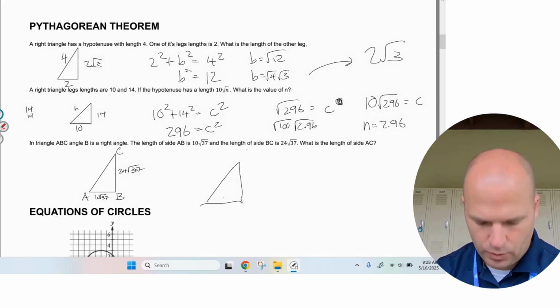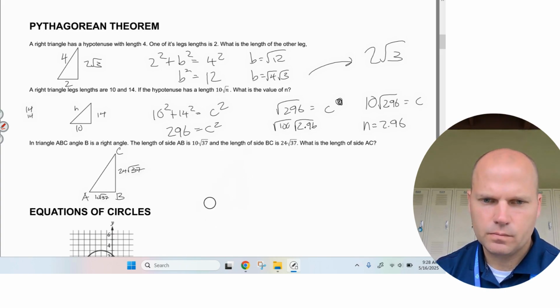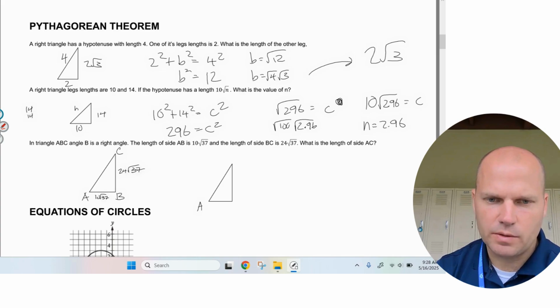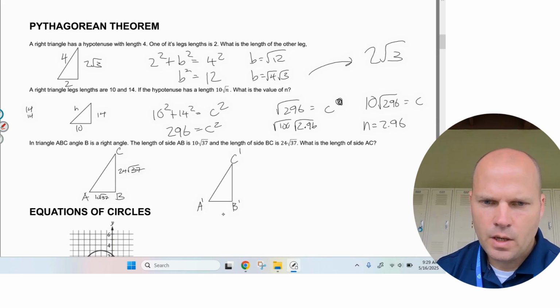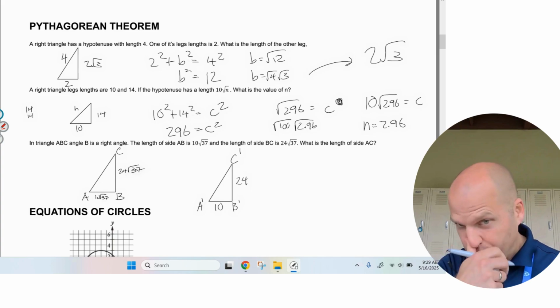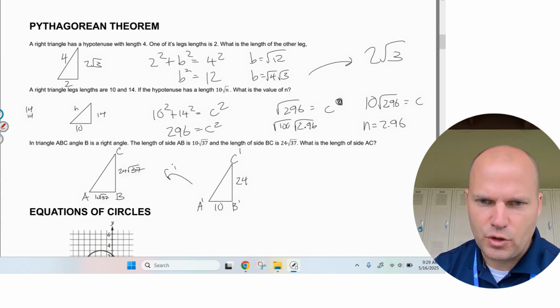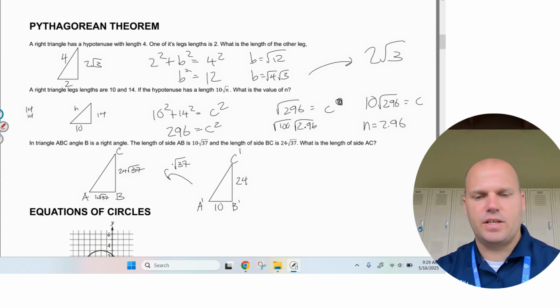Let's start with this right triangle that's a lot smaller: A prime, B prime, C prime. It'll have lengths of 10 and 24. And we know that these lengths are going to be root 37 times bigger than these lengths.